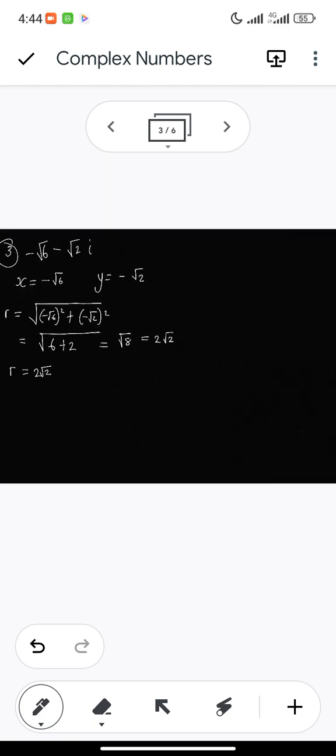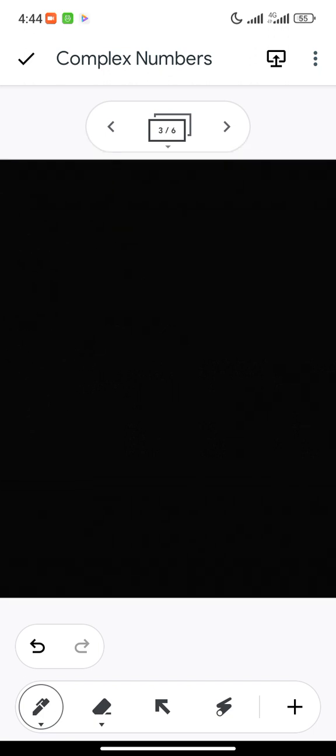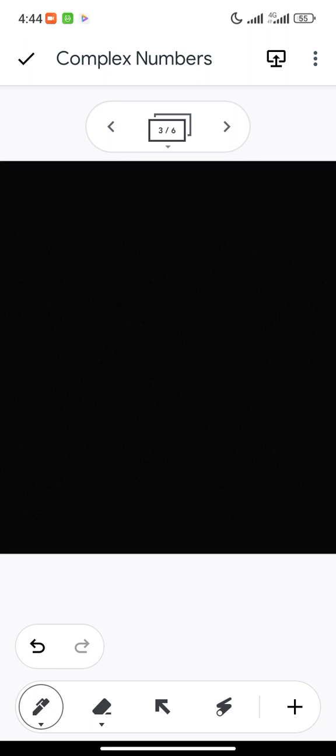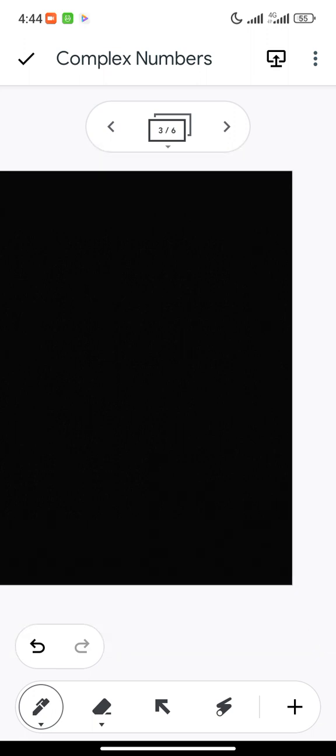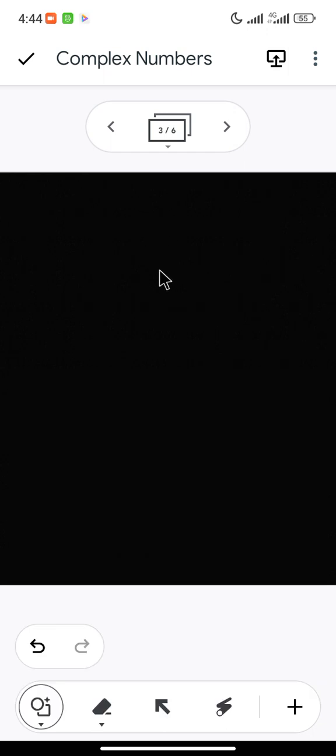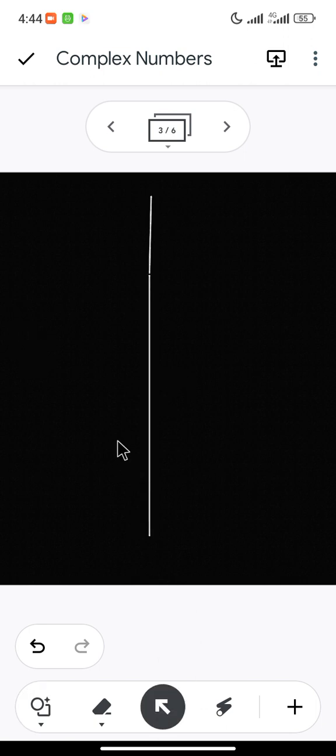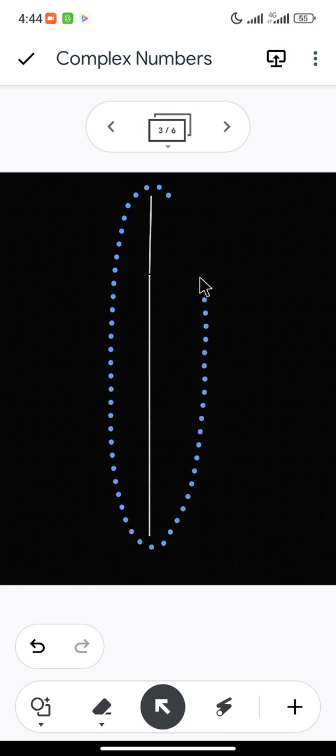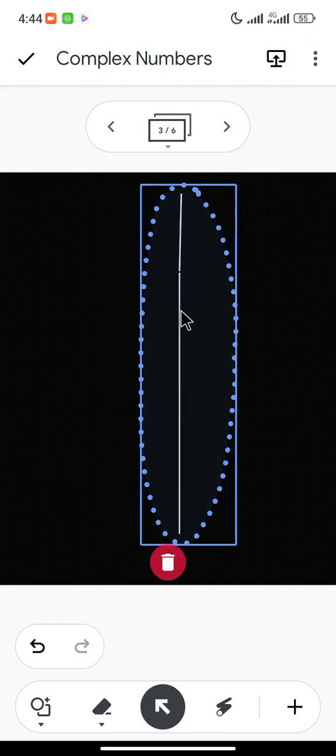Now we'll go back to our argument. We have to plot a little graph to try to understand the angle. So we have our arguments. We have a line. Let's adjust this a bit to the left hand side.